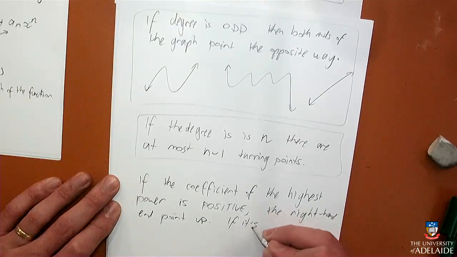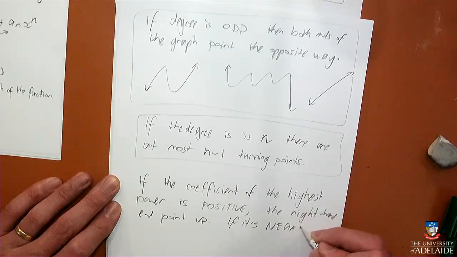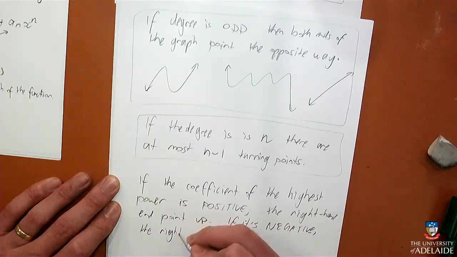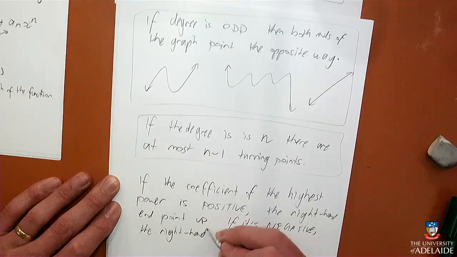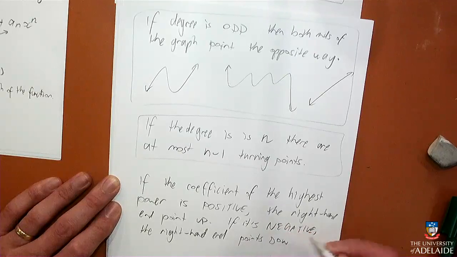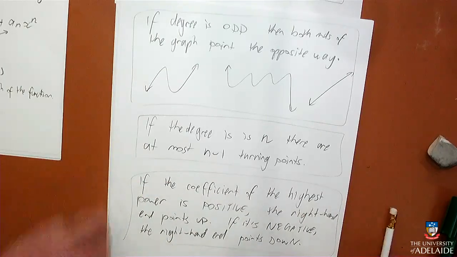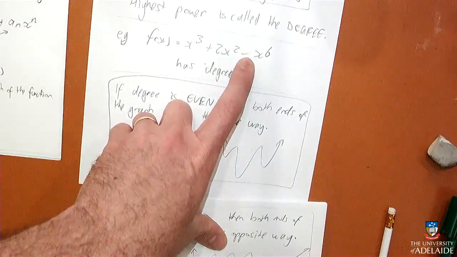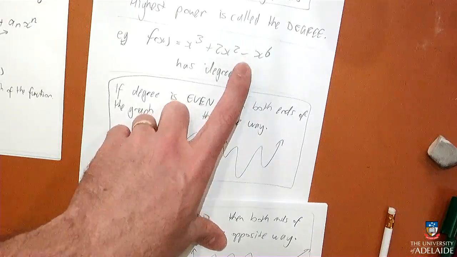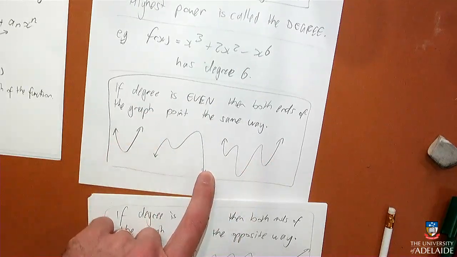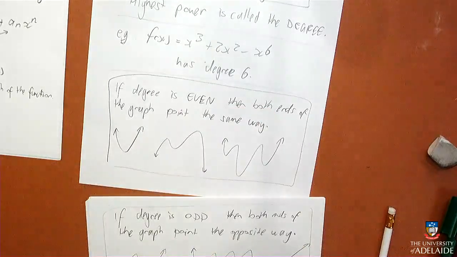If it's negative, the right-hand end will point down. So in this case, this is minus x to the power of 6, because that's a negative number next to the x to the power of 6, the right-hand end is going to have to point down, so it can't be either of these. It would have to be this one, or it could be this one, but up the other way.